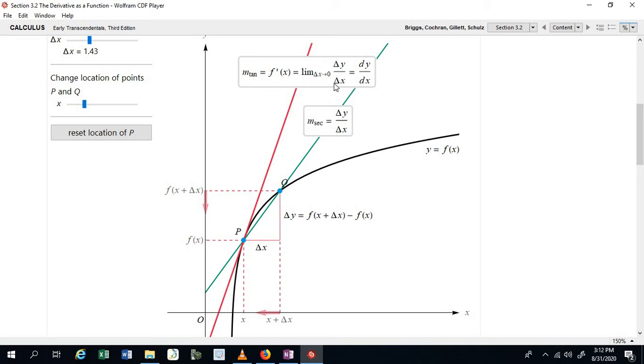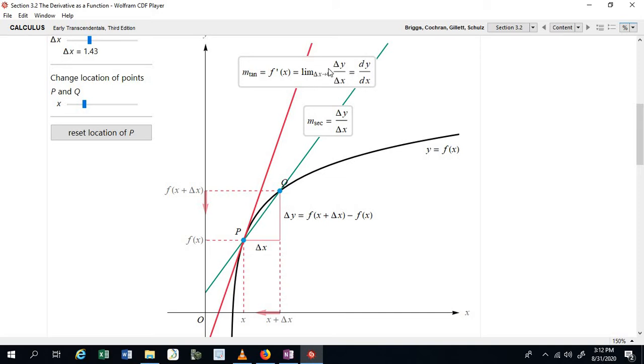And so we're going to write this limit in a more compact way. Instead of having to write out all of this, we're going to call it dy divided by dx. So dy divided by dx is defined to be this limit. And so it gives us a shorthand way of writing this limit out.